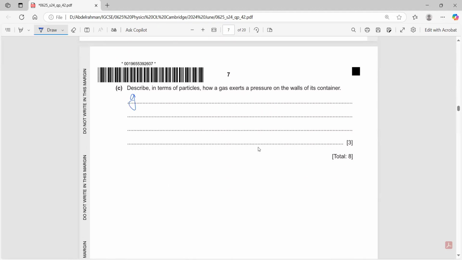Gas molecules move fast and random, colliding with the walls of the container, changing their momentum and causing a force.